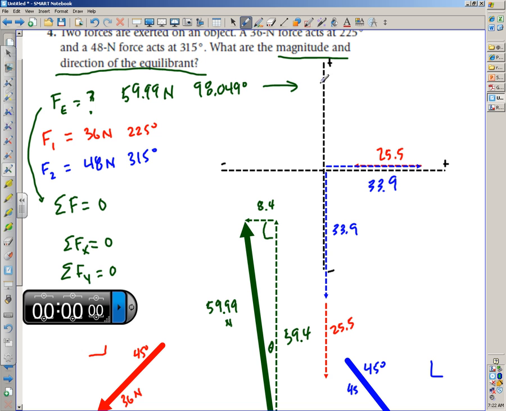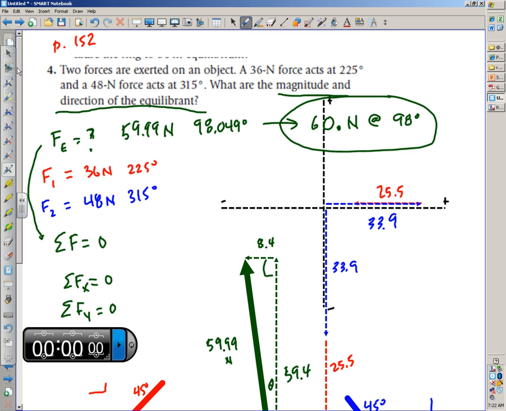Significant digits, right? That would give me 60. So 60 newtons at 98 degrees. Okay. That is the force that would produce equilibrium, that would counteract those two forces that we originally drew.